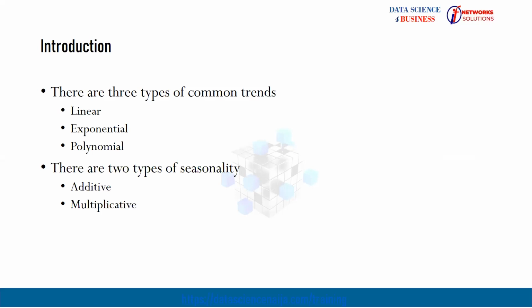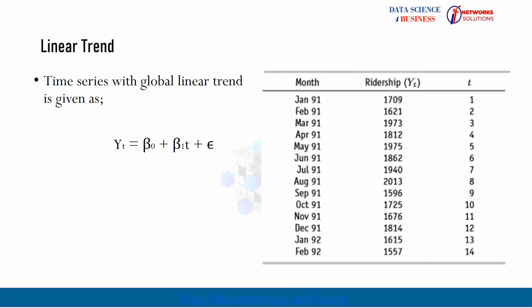And we're going to be looking at each one of them very soon. Then there are two types of seasonality. Remember, we explained what trends are. We explained what seasonality are. We have the additive and we have the multiplicative, but we're not going with the multiplicative for seasonality. We're not doing that in this short training, but we're going to be doing the first three.